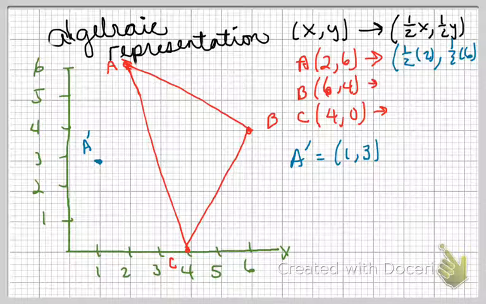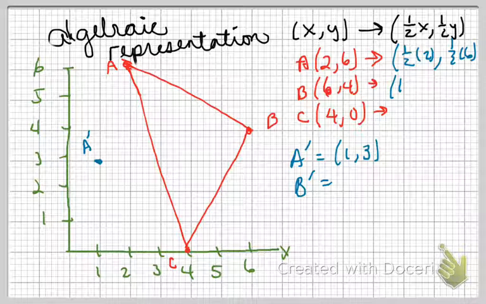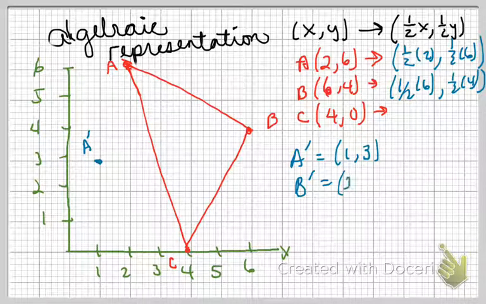Now my B prime. I'm going to take half of 6 and half of 4. Half of 6 is 3, and half of 4 is 2. So now I'm going to go to (3, 2) and put my second dot. This will be my B prime.